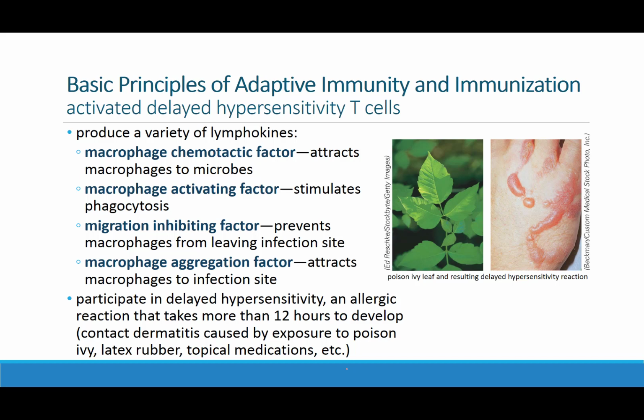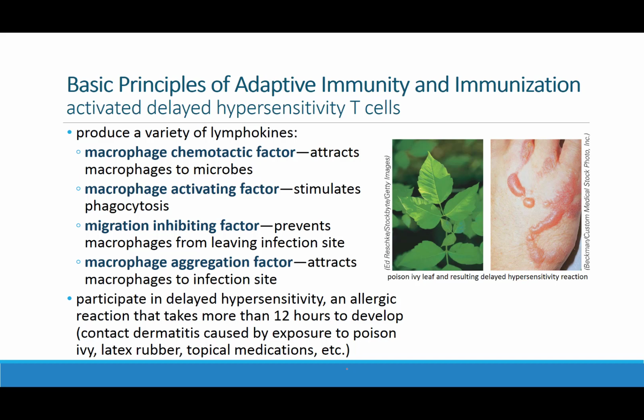Okay, so what happens then once we activate one of those delayed hypersensitivity T cells? Well, they produce a slew of lymphokines. Remember, these are those chemicals that cause an action happening somewhere. And most of the lymphokines of the delayed hypersensitivity T cells, most of them are going to act on macrophages.